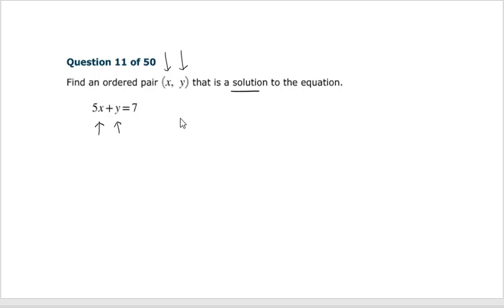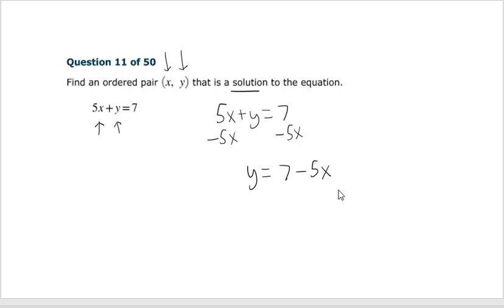Okay, the best way to do this is to take this equation and to solve for the y. So to get the y alone, we have to get rid of the 5x. To get rid of the 5x, we have to subtract 5x, which means I also have to subtract 5x from the other side, which is going to leave me with y equals 7 minus 5x.